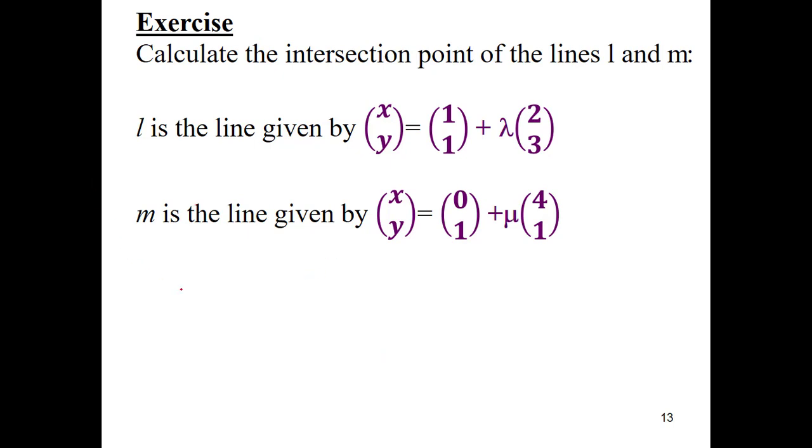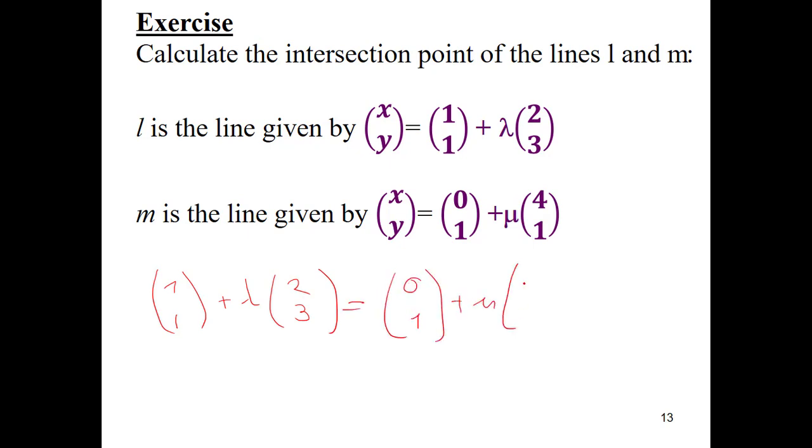If we have a line L given by x, y being 1, 1 plus lambda times 2, 3, and another line M by x, y being 0, 1 plus mu times 4, 1, then the intersection point would be x, y, which is in line L as well as in line M. So we need to find a lambda and a mu such that 1, 1 plus lambda times 2, 3 equals 0, 1 plus mu times 4, 1.